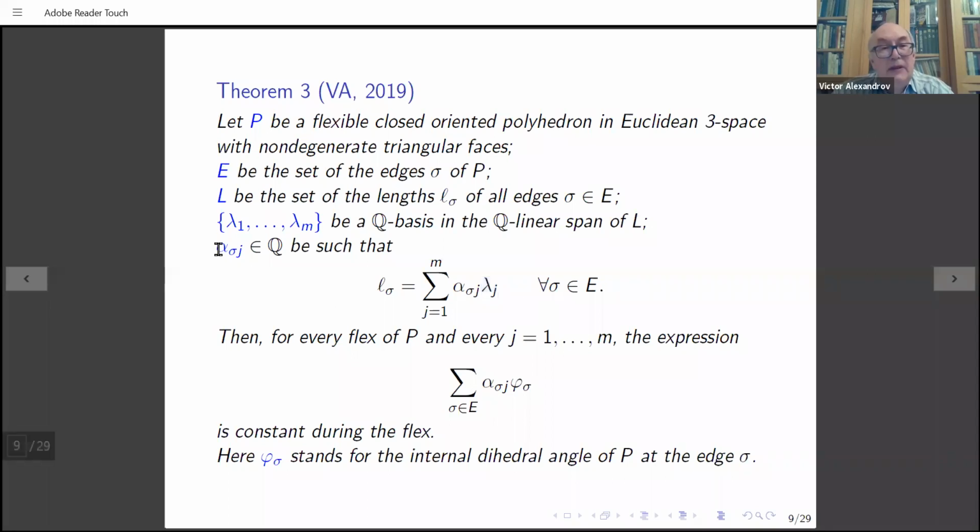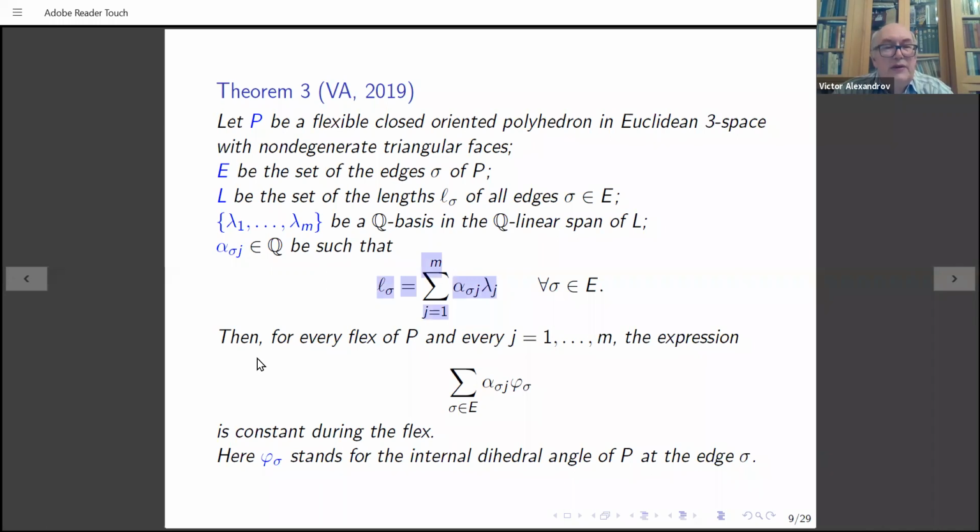And alpha sigma j are rational coefficients in this expansion. So these are our conditions and notation.